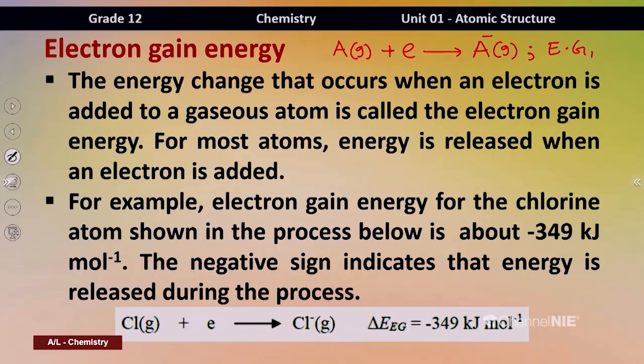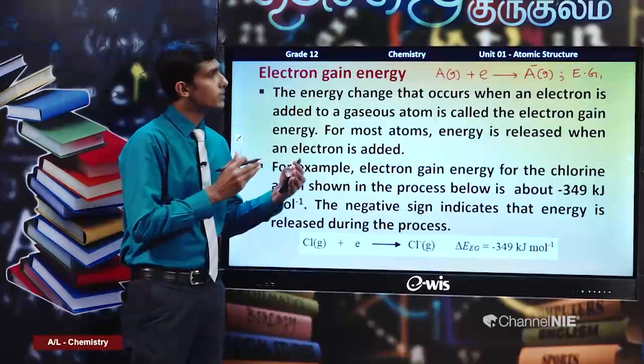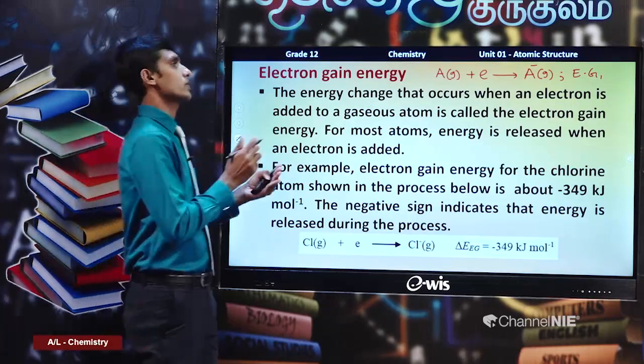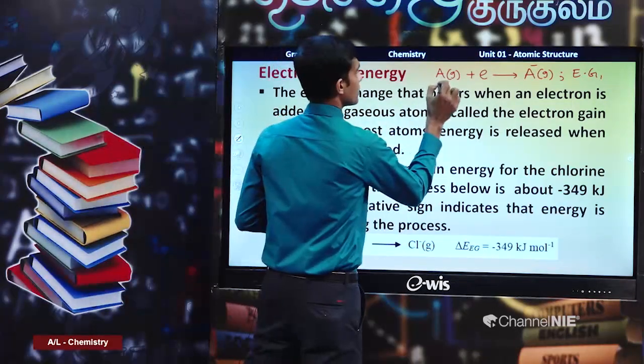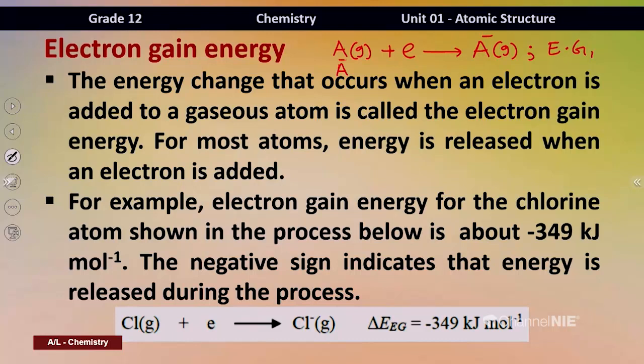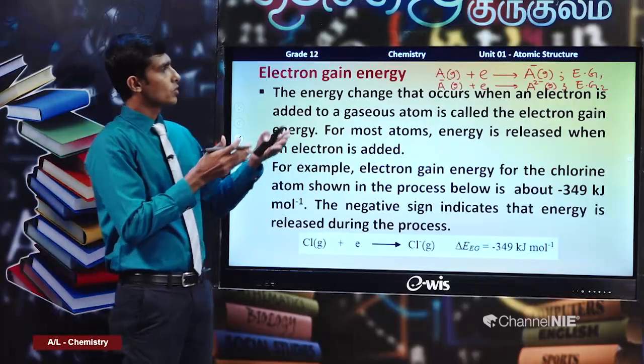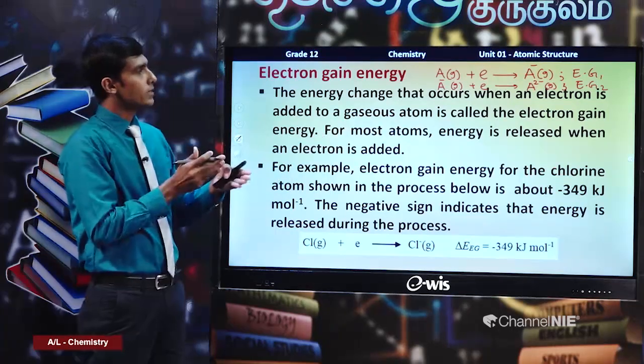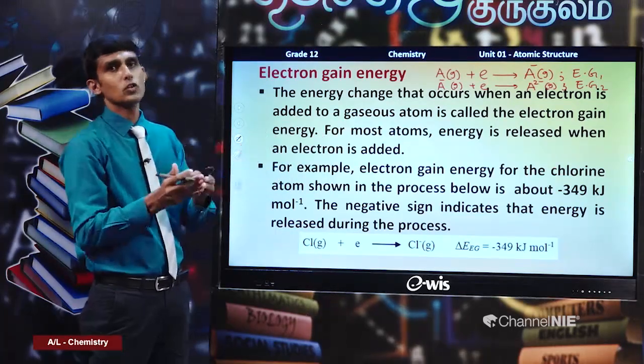Similarly, we can consider the addition of the second electron as well. A minus gas plus electron gives A2 minus gas. That is the second electron gain energy. Likewise, we can define the first, second, third electron gain energies, and so forth.